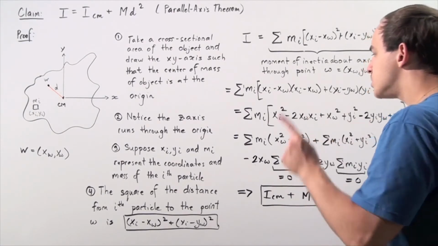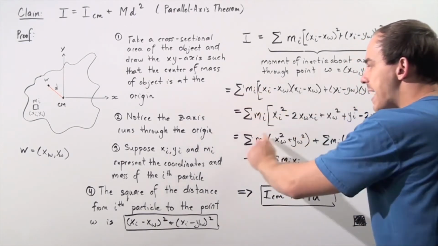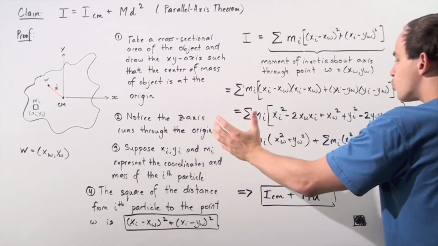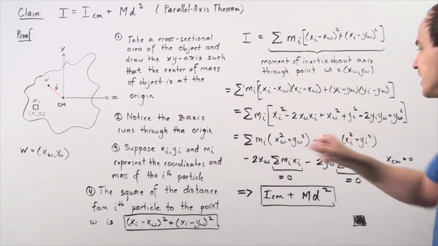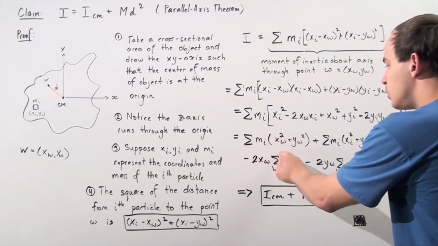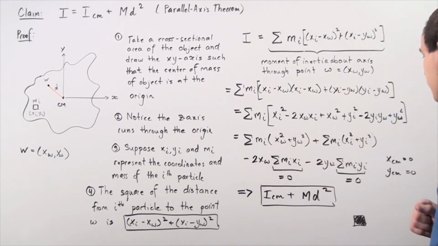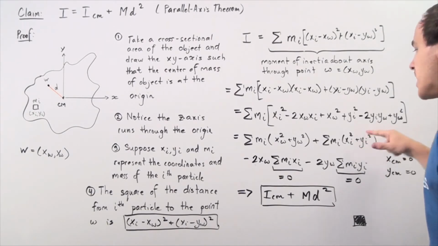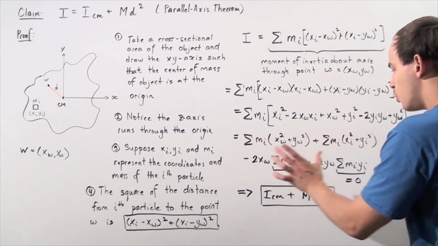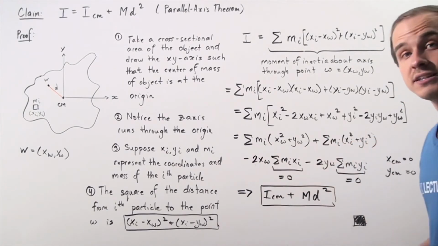Now let's distribute this summation mi, and let's rearrange our quantities just a bit. We combine xw squared and yw squared, and we combine xi squared and yi squared. We get the following four quantities.